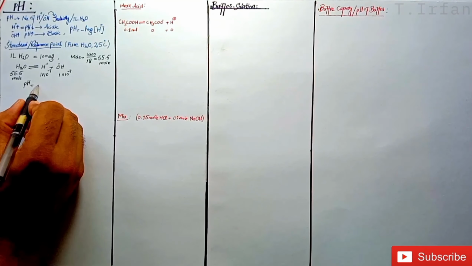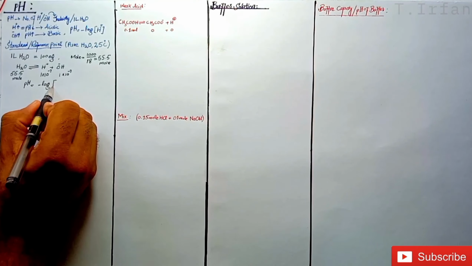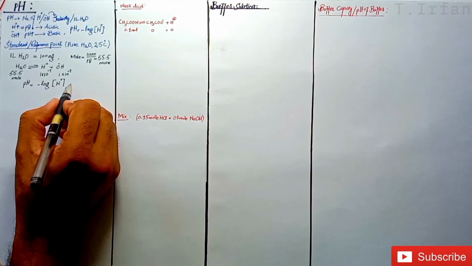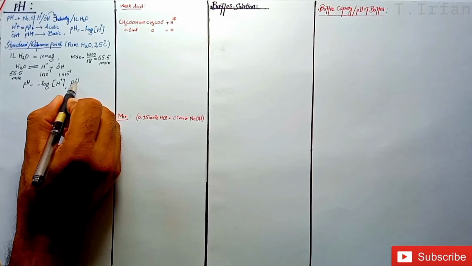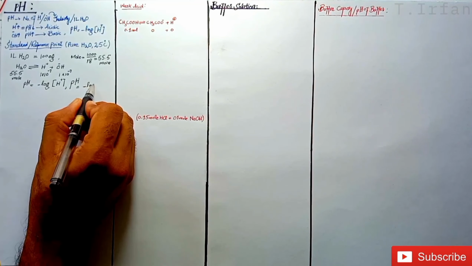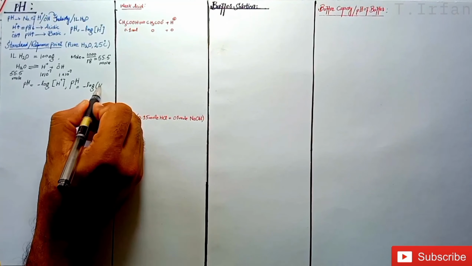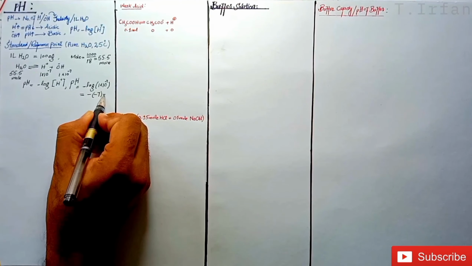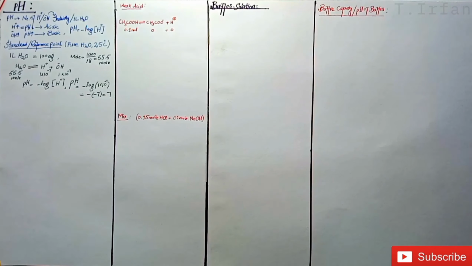Now, as we know the number of moles of hydrogen ions, or the concentration of hydrogen ions, we can find out the pH of 1 liter of pure water at 25 centigrade by using the formula, which comes to 7. Now this 7 is the neutral point or reference point.